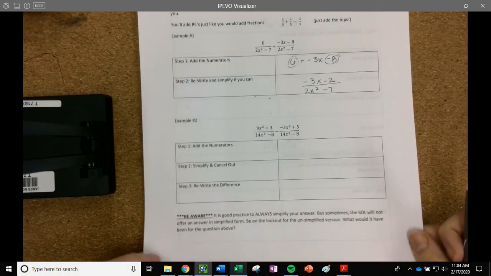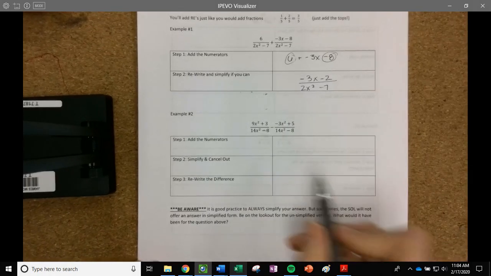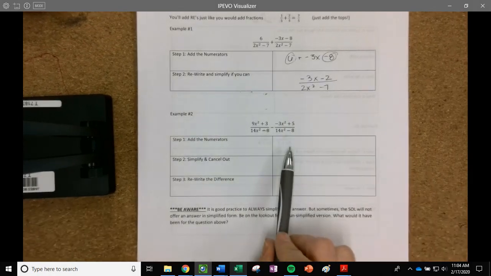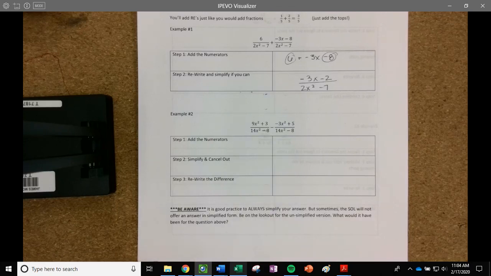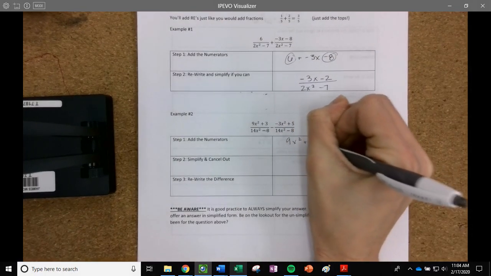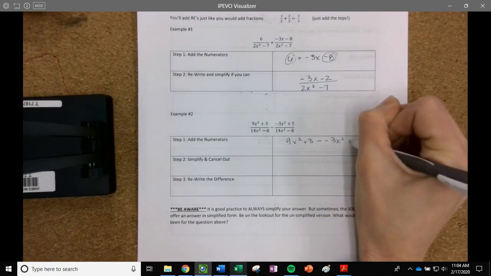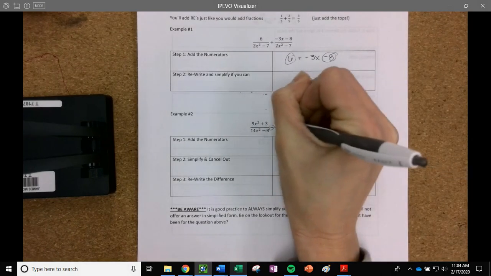Let's take a look at another example like that where I already have common denominators. 14x squared minus 8 and 14x squared minus 8. Splendid. I don't have to make any changes there. Instead, I just need to add together 9x squared plus 3 minus negative 3x squared plus 5. Be sure you watch these negatives.